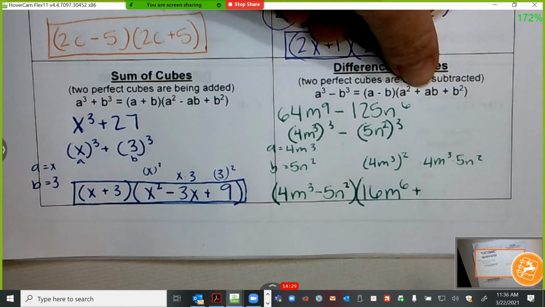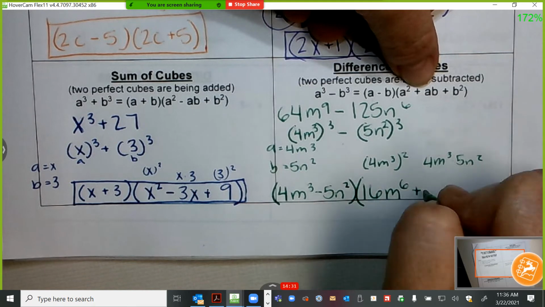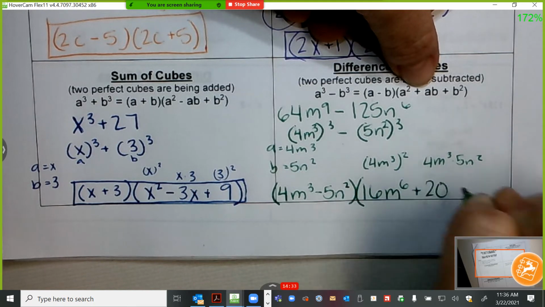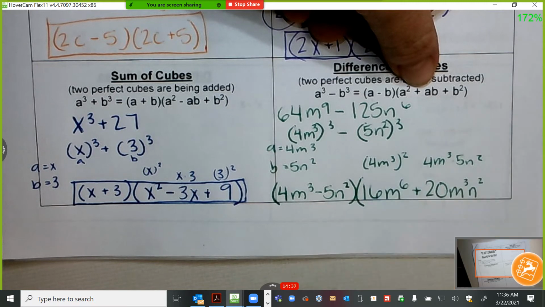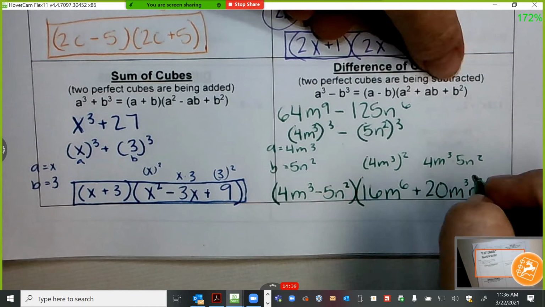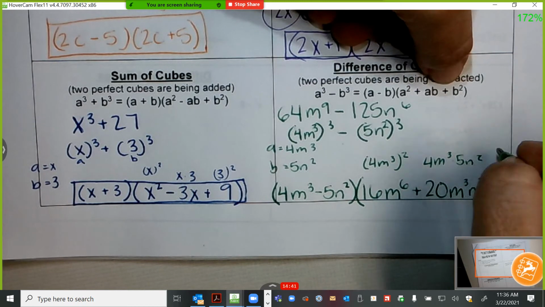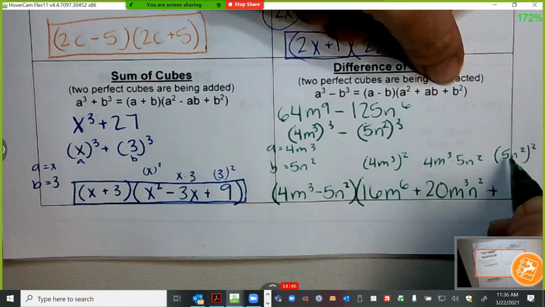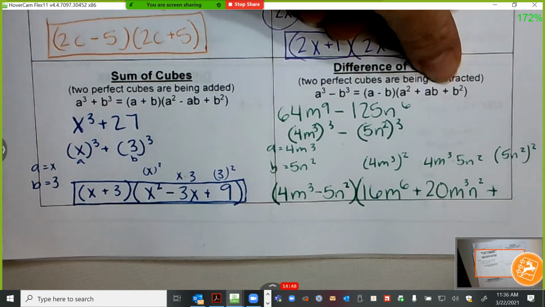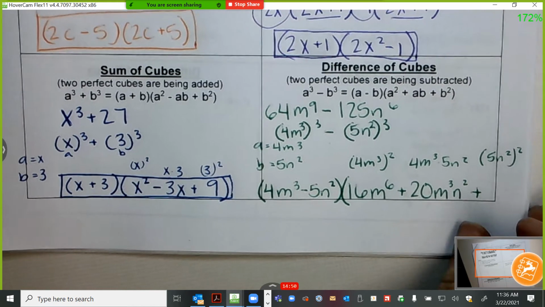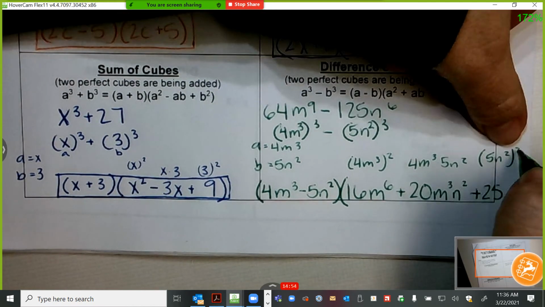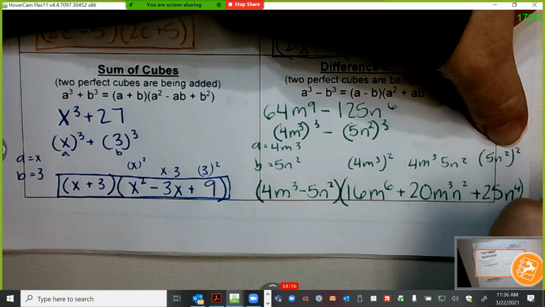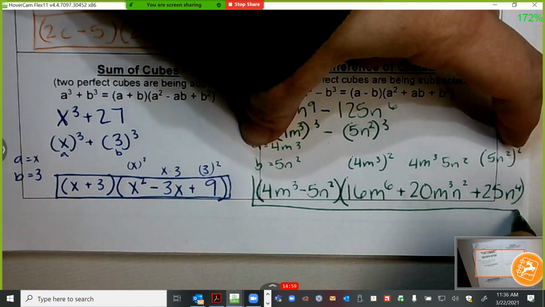What's 4 times 5? 20. And now m and n are not the same, so they're just going to go next to each other in alphabetical order. Plus b squared, which is 5n squared squared. So what's 5 squared? 25. And then n squared squared, well, 2 times 2 is 4.